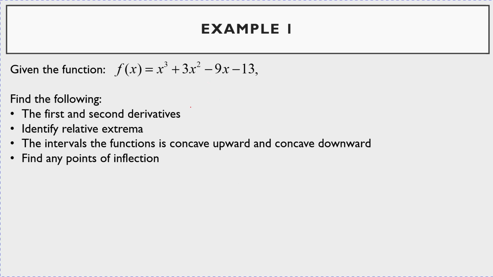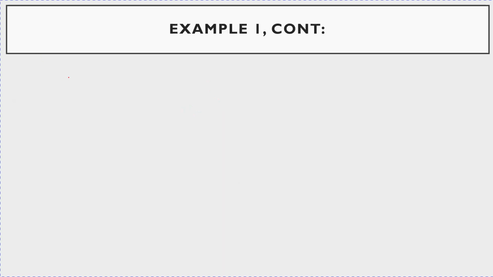So let's do this. Let's find the first and second derivative. Let me just rewrite the function on the next slide here. So our function, f of x, was equal to x cubed plus 3x squared minus 9x minus 13.